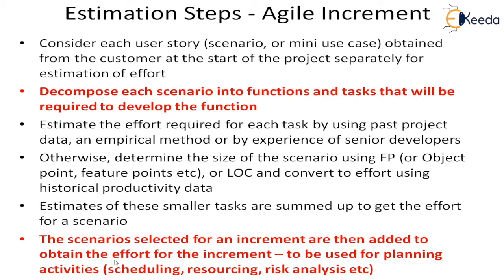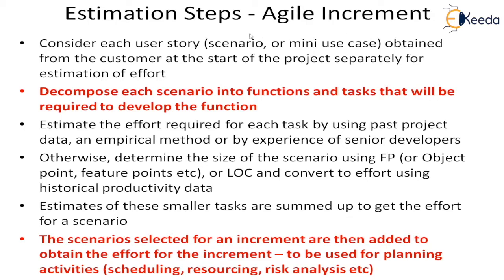Now this effort is our final effort for the increment, which will be used for planning activities such as scheduling, resourcing, and risk analysis. So this effort we will convert into our activity schedule, because we have the tasks, and also we will assign the resources and determine the cost, and then do the risk analysis and all other associated plans, whatever is important for the agile increment.